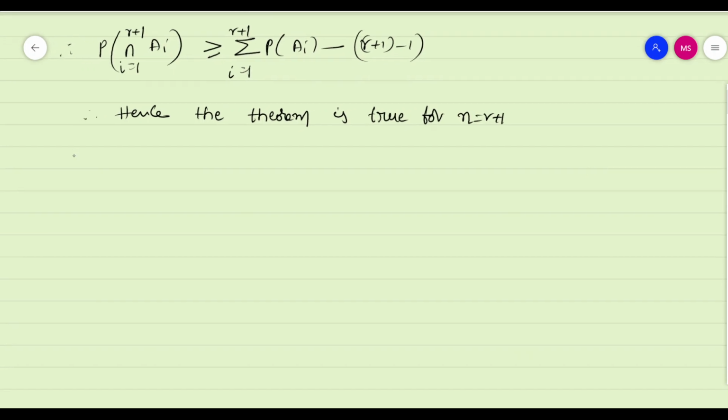This is the proof of the first statement of the theorem, and now the second one, the B part.